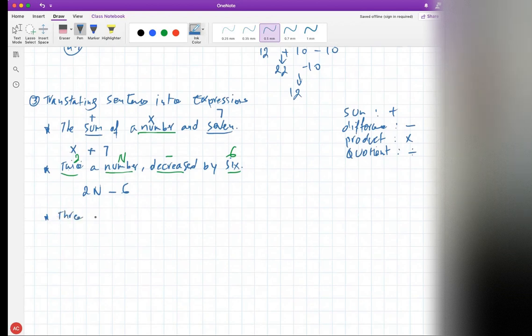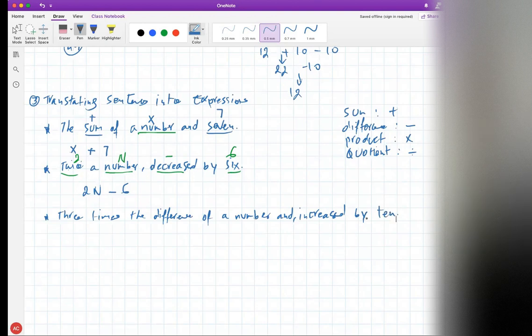So let's say 3 times the difference of a number increased by, for example, 10.